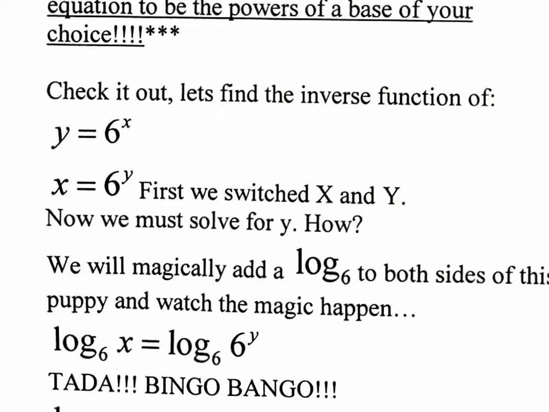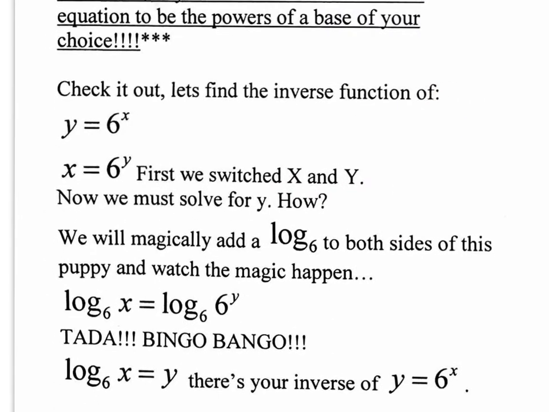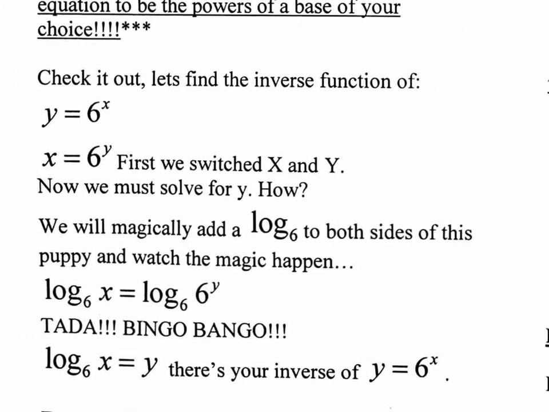So it says right here on our notes, we magically add log base 6 to both sides of this puppy, and watch the magic happen. So if I put a log base 6 right in front of the x, and a log base 6 right in front of the 6 to the y, the log base 6 of 6 cancel out, and the y is what's left over, and that's your answer.